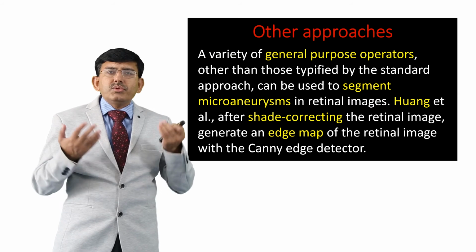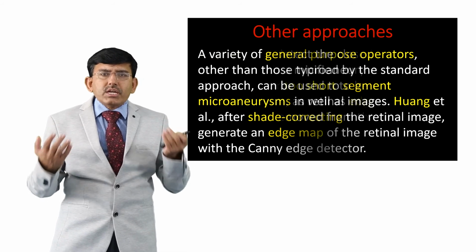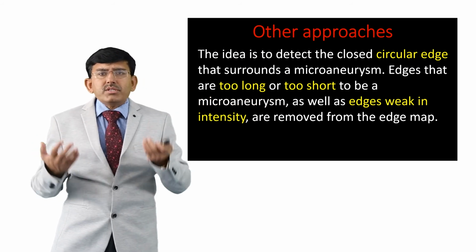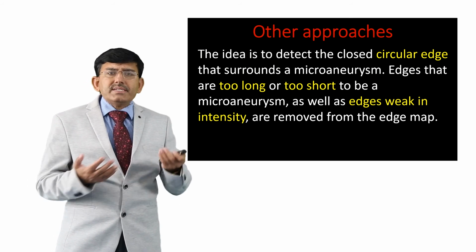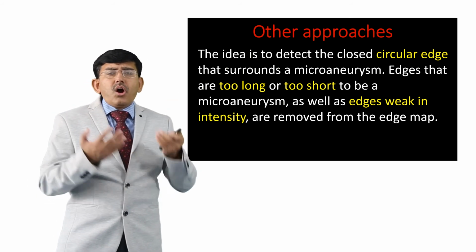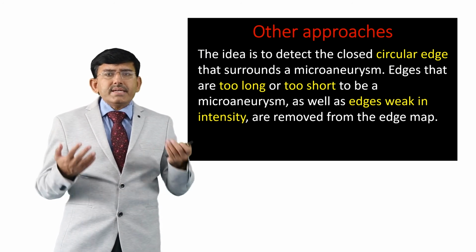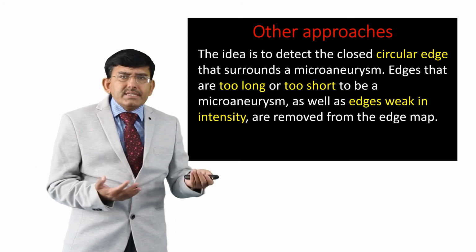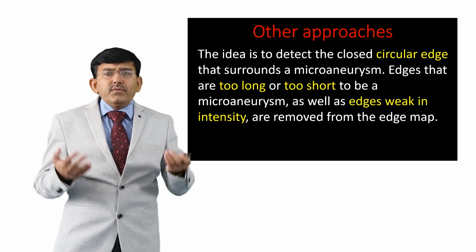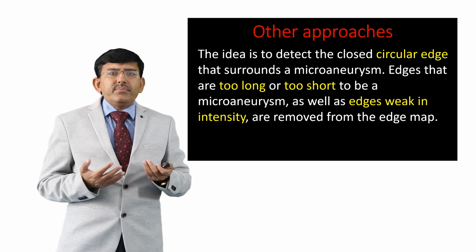The idea is to detect a closed circular edge that surrounds a microaneurysm. Edges that are too long or too short to be a microaneurysm, as well as edges weak in intensity, are removed from the edge map.